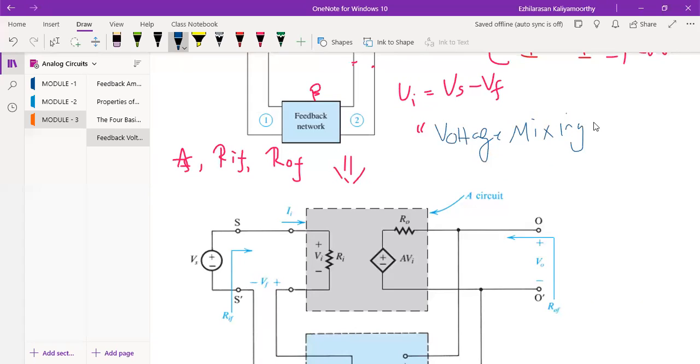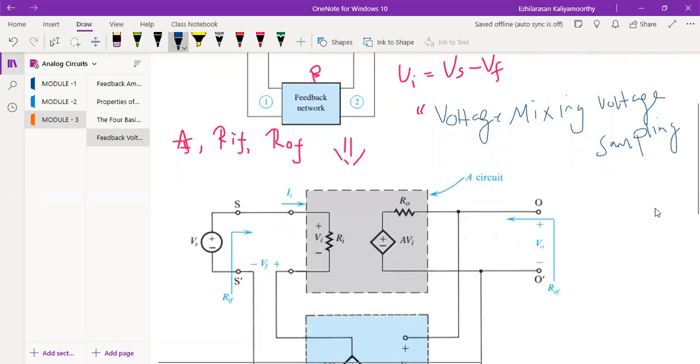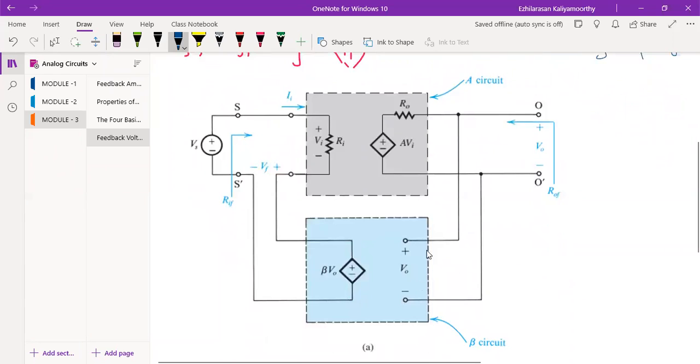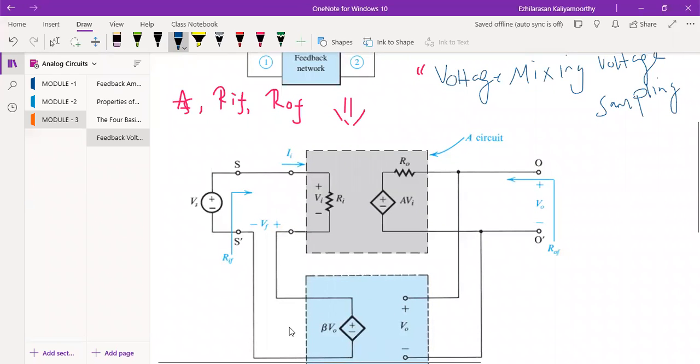Voltage mixing and voltage sampling, because in examination they may ask with anything. So for simplicity, this will be a voltage mixing, and this feedback circuit will be a voltage sampling.